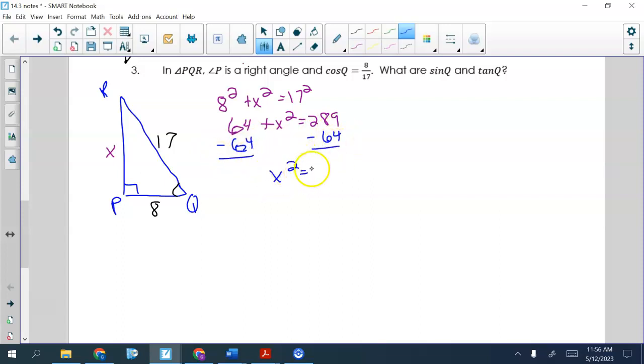We get x squared equals 225. So then x would be 15. All right, so why don't you take a minute to figure out what is the sine of Q and what is the tangent of Q.